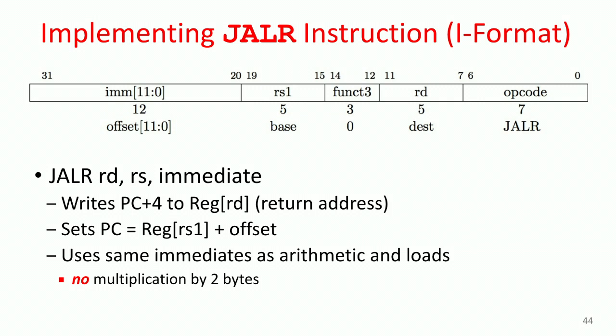The semantics is that it writes program counter plus 4, the place to continue executing when we come back from the function call, to the register file. And you can say where in the register file using RD. It sets the program counter to the value of RS1 plus the offset.